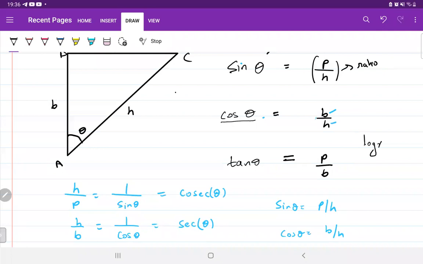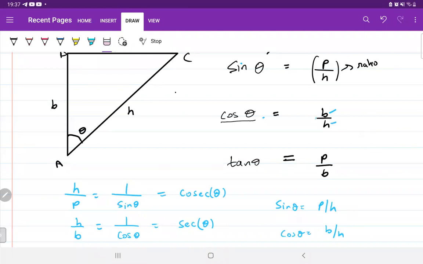When you talk about log x, is x into log x the same as log x square? No. People take log common and multiply x, but it doesn't work like that.